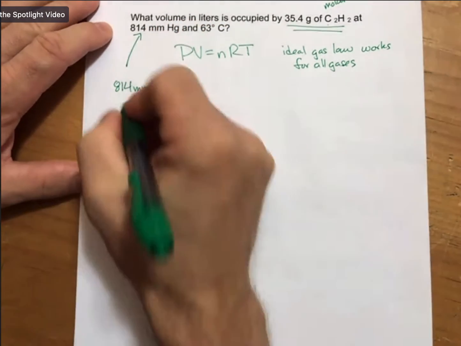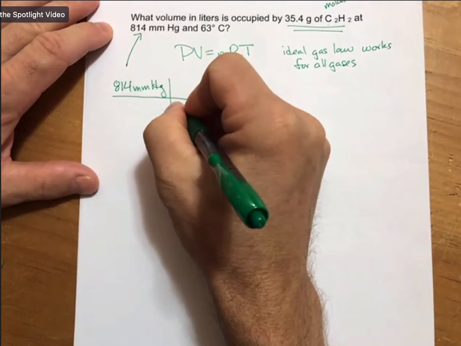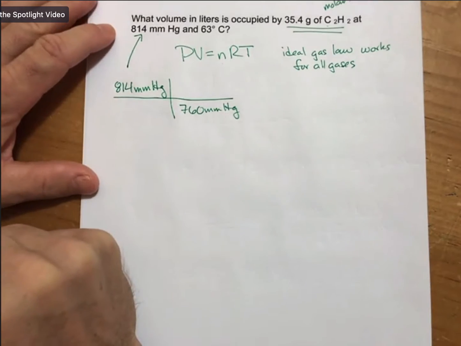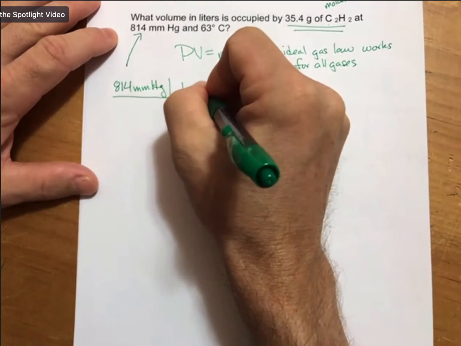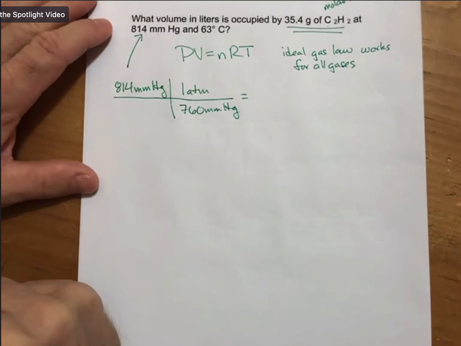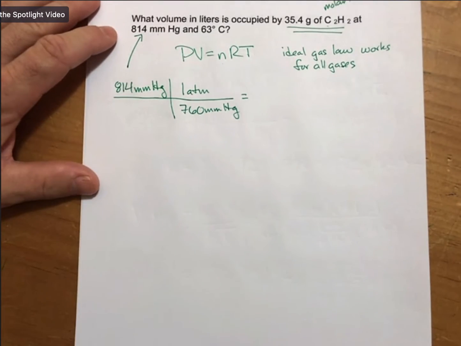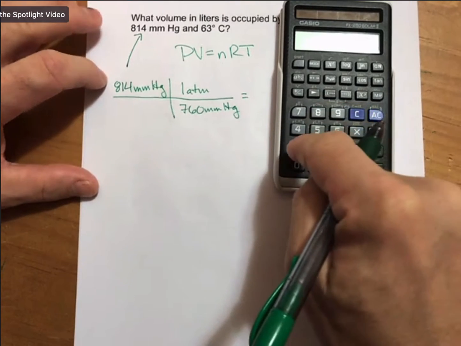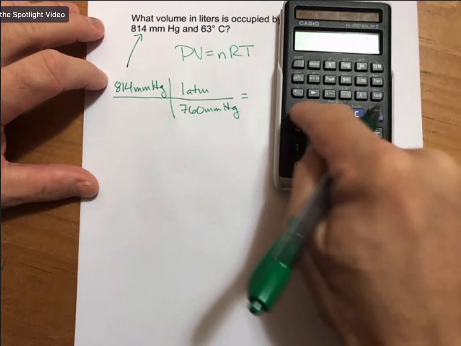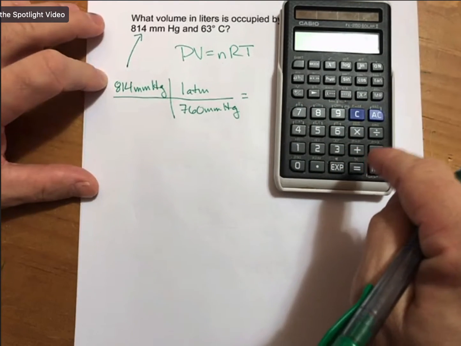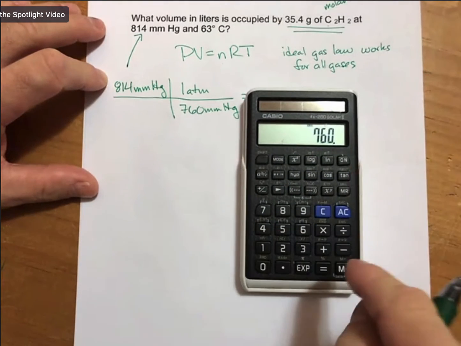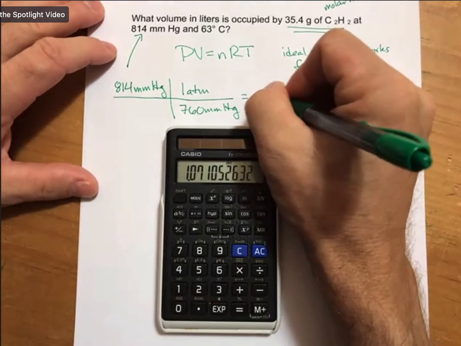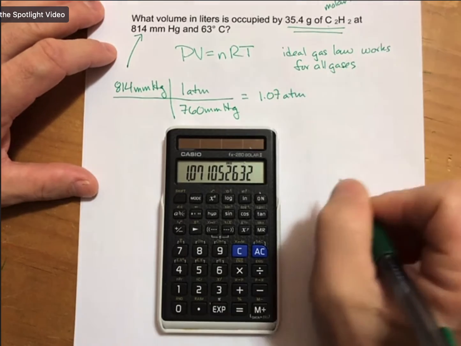My millimeters of mercury are converted into atmospheres using 1 atmosphere equals 760 millimeters of mercury. 814 divided by 760 is 1.07 atmospheres.